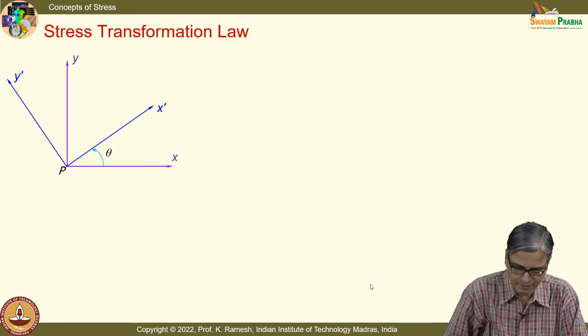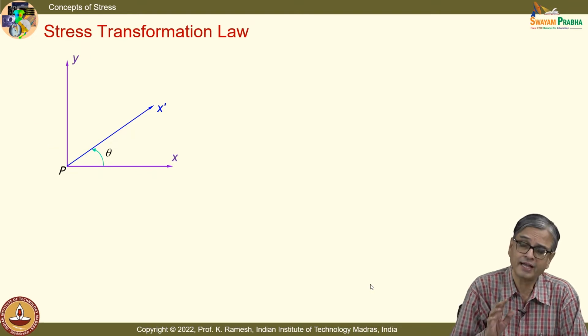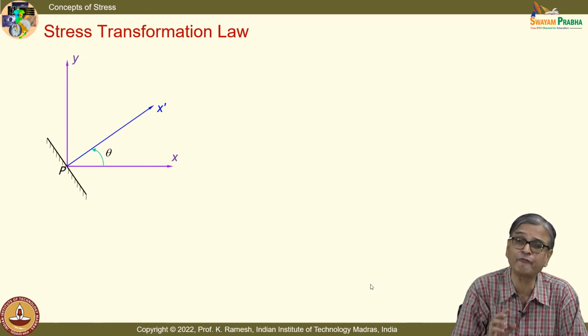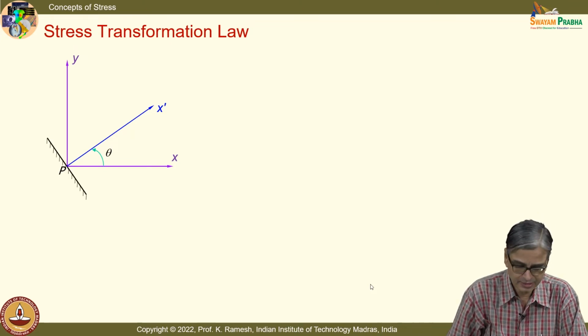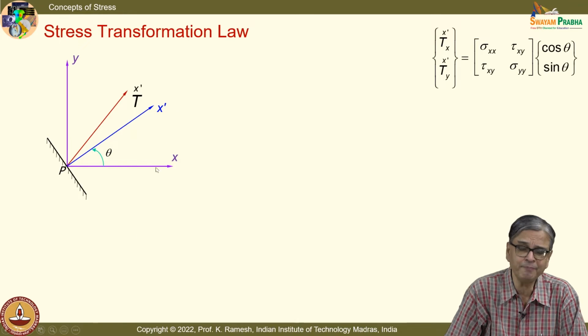We developed stress transformation from first principles. Again, I am repeating the same thing which we did in the earlier class, because it is a very fundamental concept. When I say t x prime x, I am talking about plane x prime, and I have a stress vector.